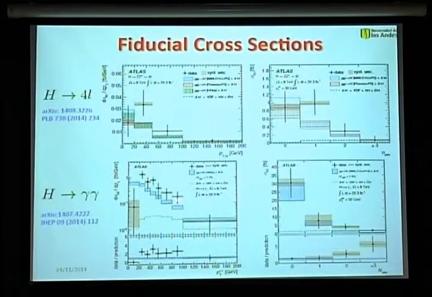And the thing to notice here is that even though the shape of the result is the same, there is an overall shift up in the result for this differential cross-section coming from gamma-gamma. But it is within the uncertainties in statistical agreement with the standard model expectations given these kinds of calculations. Okay.